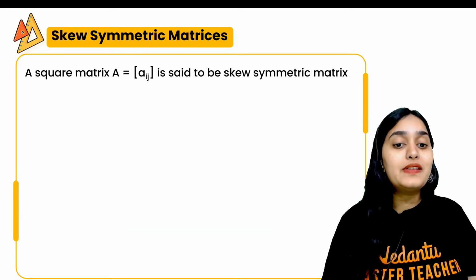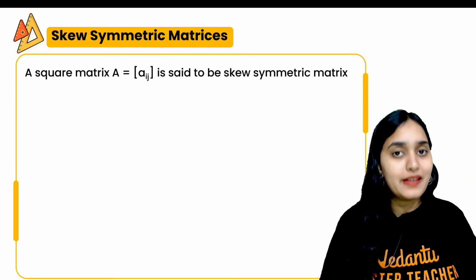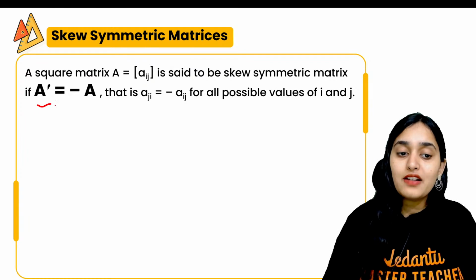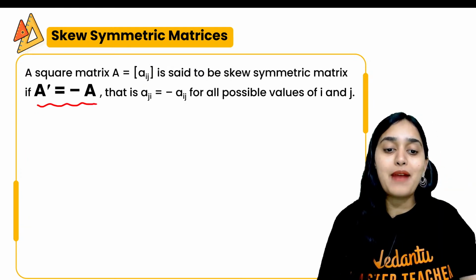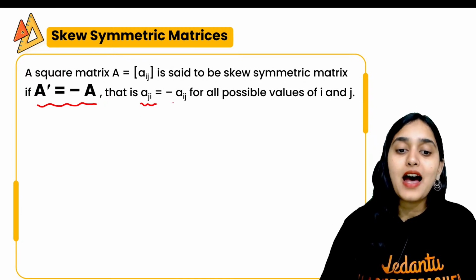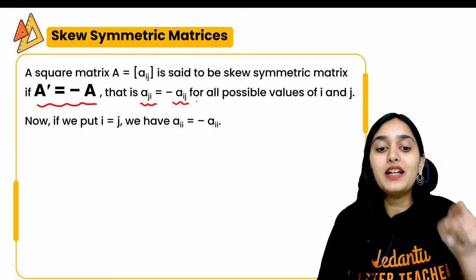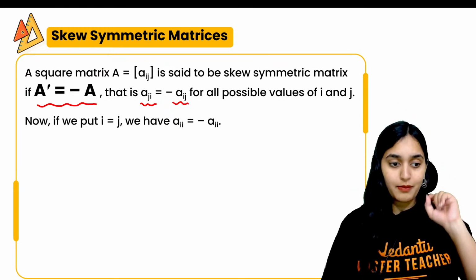Similarly, what are skew symmetric matrices? A matrix is said to be skew symmetric if A transpose is equal to negative of A matrix. If the transpose matrix elements are equal to the negative of the given matrix elements, then we say that it is a skew symmetric matrix.